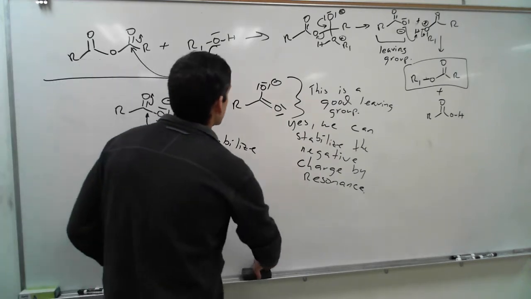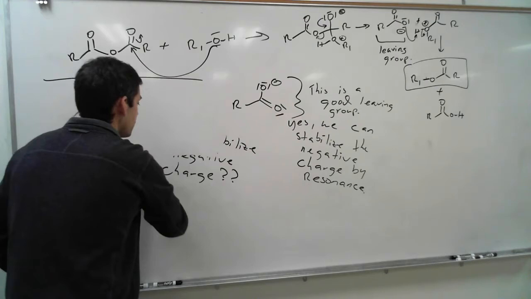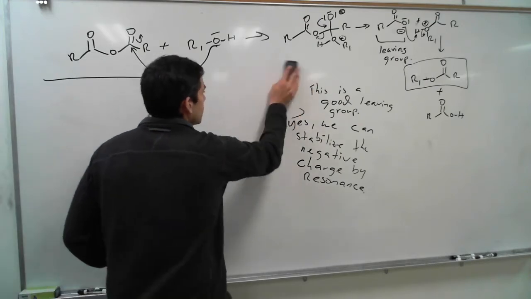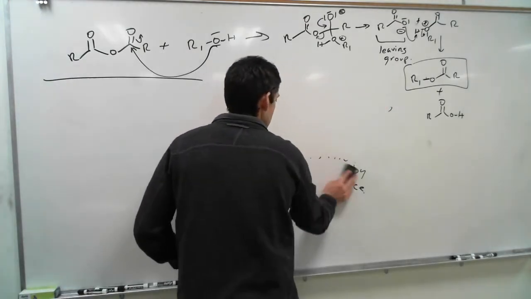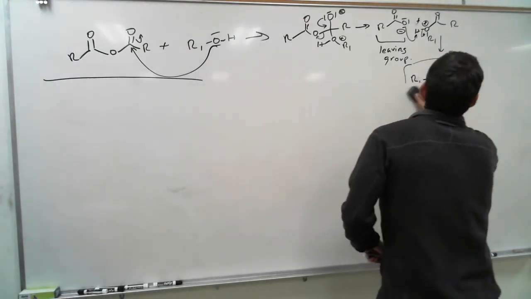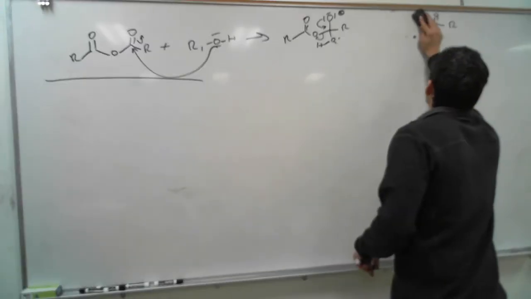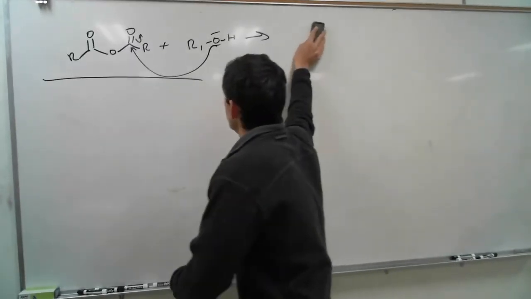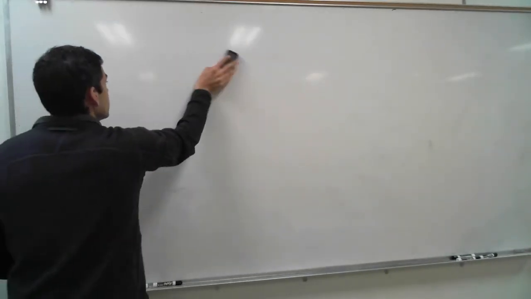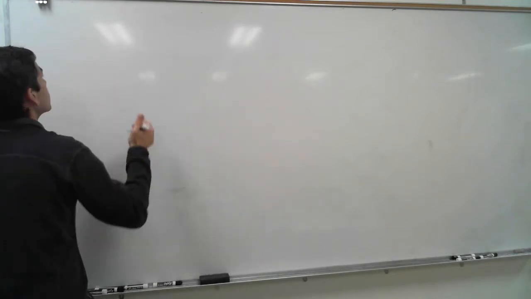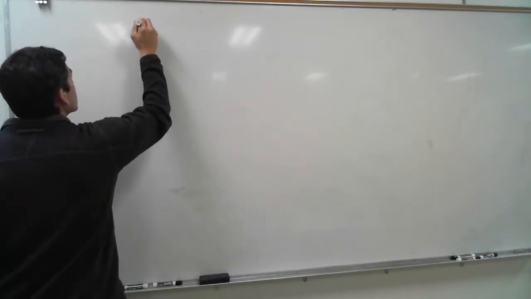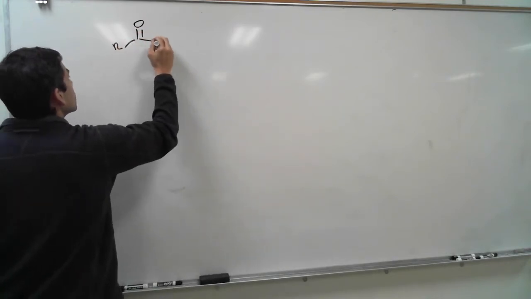So let's look at a couple more. So we did it with what? With our alcohol. And let's look at a different reaction that shows the reactivity. How about with our Grignard reagent, R1 MgBr?